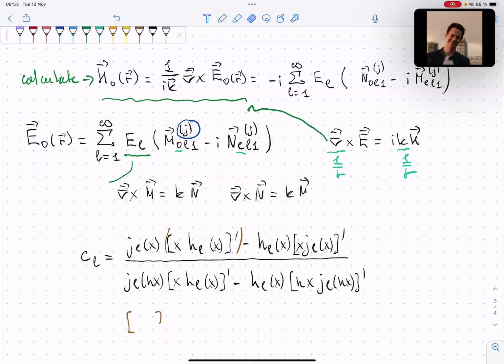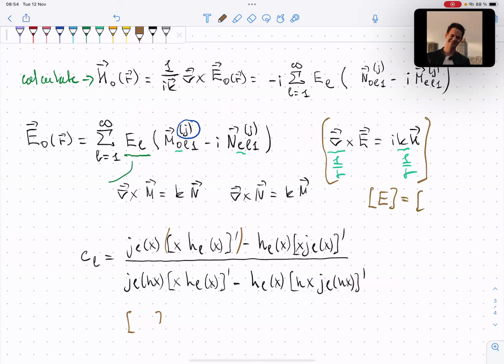This is logical because, as I said before, from the Maxwell equations we can see that the dimensionality of E is the same as that of H. If we would derive everything in, for example, the SI system of units, we would have some proportionality coefficient here, like 1 over k or something like this.